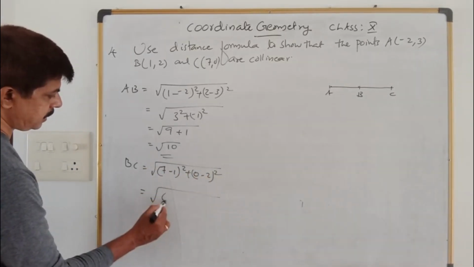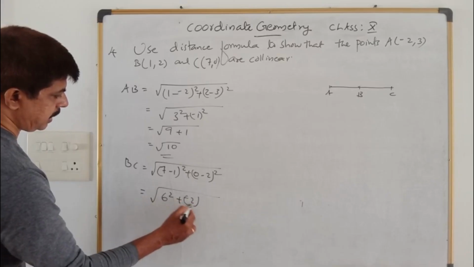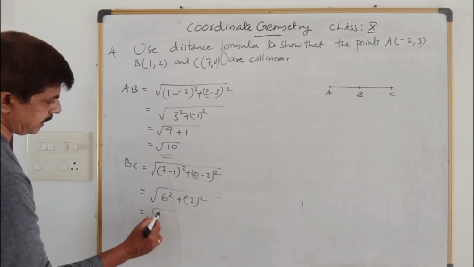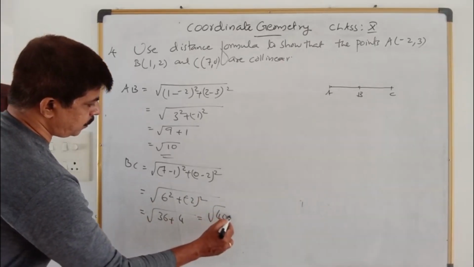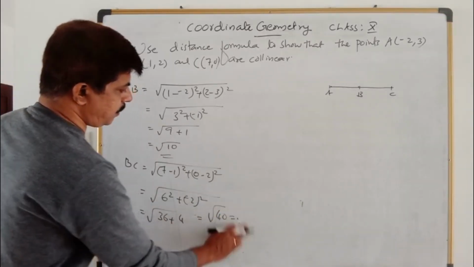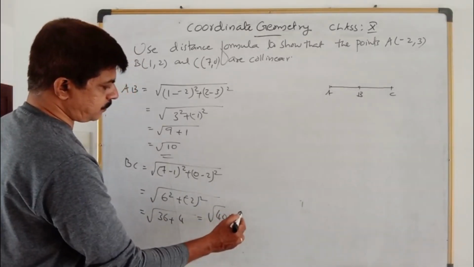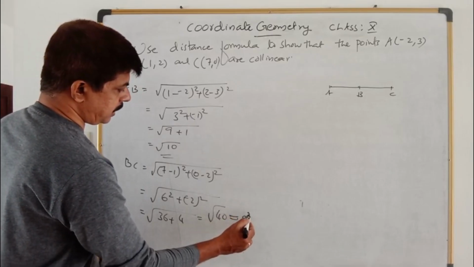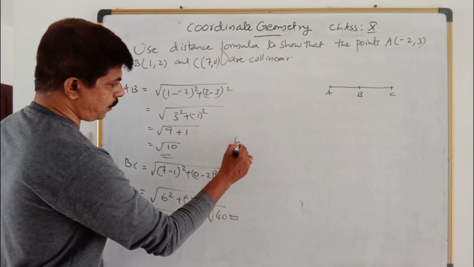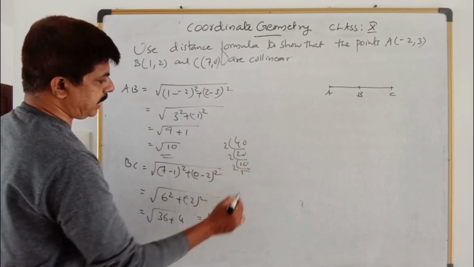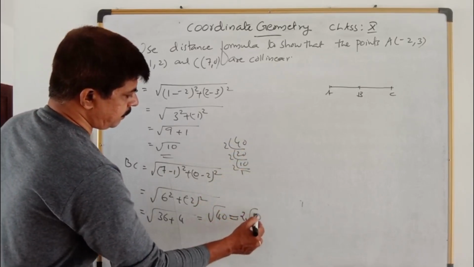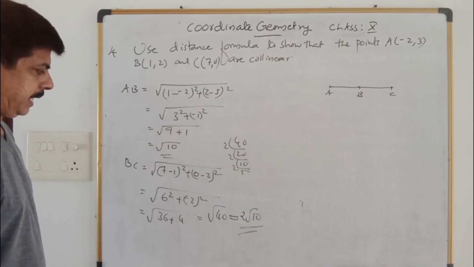So root of 6 square plus negative 2 square, we are getting 36 plus 4, root 40. Root 40 can be written in simplest form. How will you write root 40 in simplest form? We can write 2 root 10, right? We can write 2 root 10.